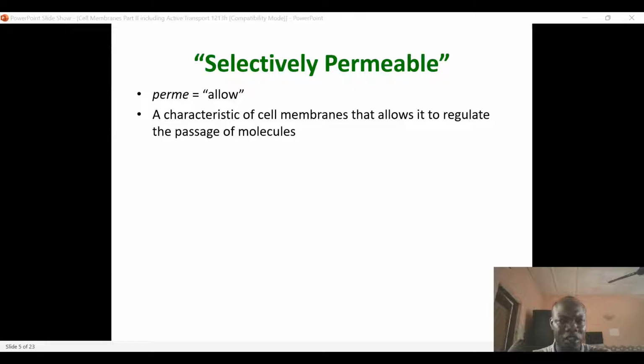I hope the slide is showing. So there are a lot of mechanisms for drugs to get into the blood. There is even what you call the first pass effect. There is also bioavailability.